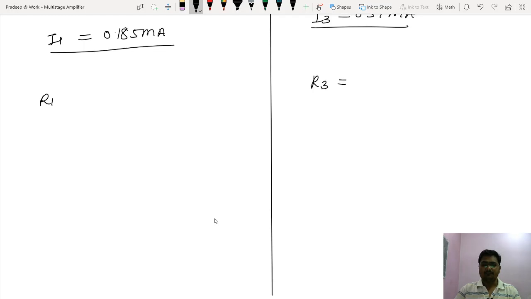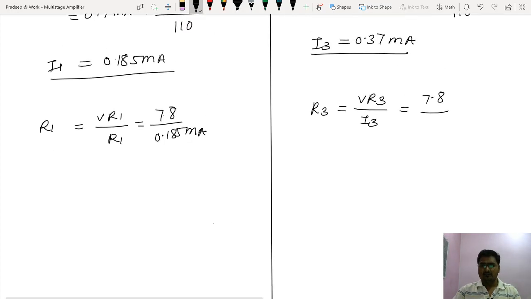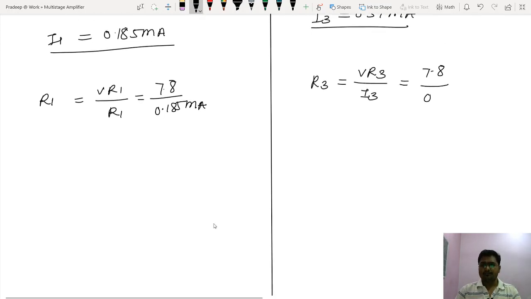Look at this. VR3 divided by I3 is equal to VR1 divided by I1. Now what is the value of VR1? 7.8 divided by 0.185 milliamperes. Here it will be 7.8 divided by 0.37 milliamperes.